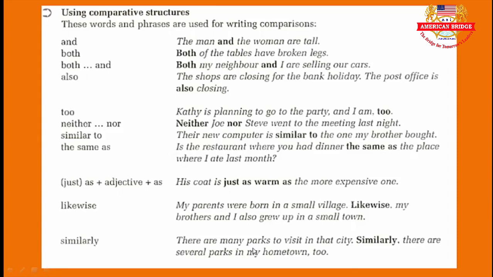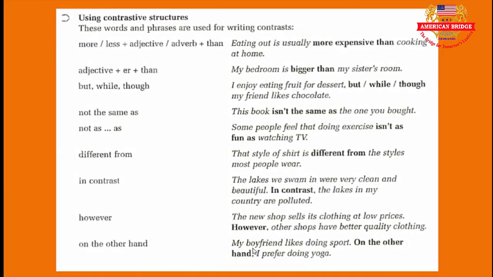Okay. Next one, if you want to write the contrast paragraph, you can use words like more or less plus adjective or adverb, then comparative adjective or comparative adverb. You say, eating out is usually more expensive than cooking at home. Adjective plus than, so we use, my bedroom is bigger than my sister's room, so my sister's room is smaller than my room.